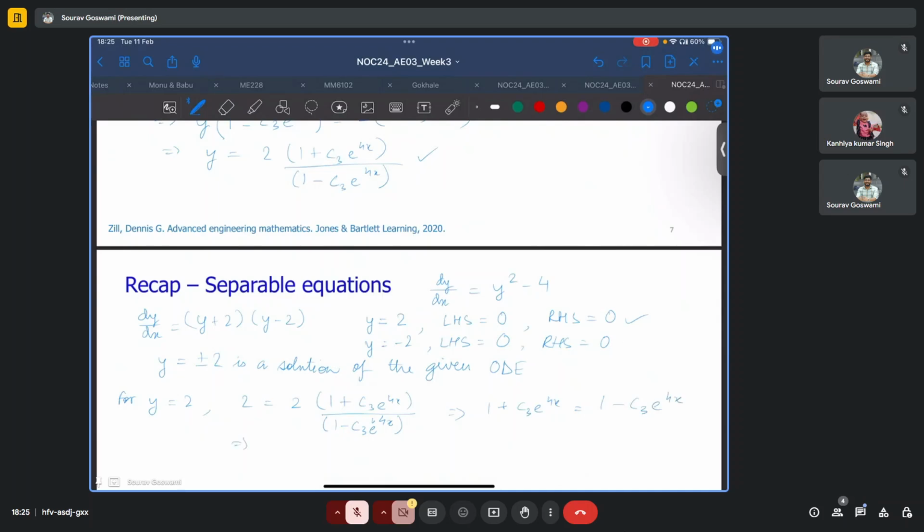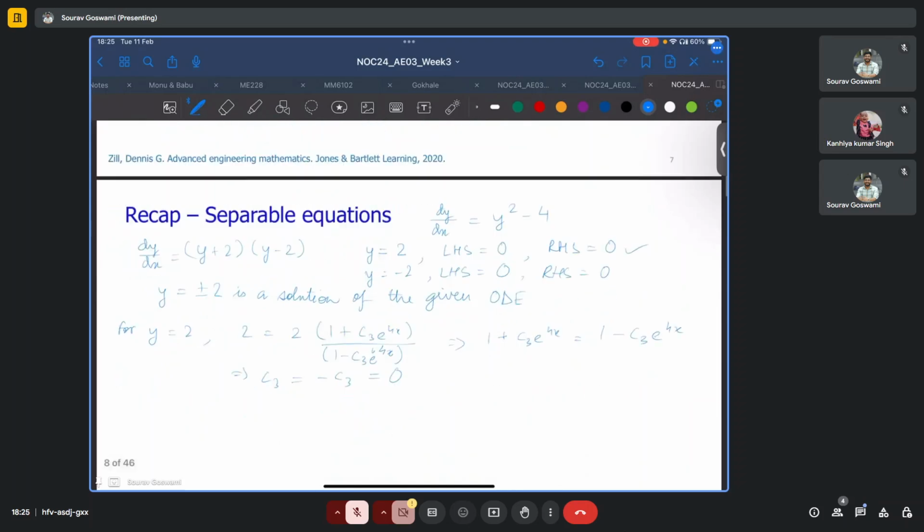It simply means that C3 equals minus C3, which equals 0. So for C3 equal to 0, we can obtain y equal to 2. So by setting our constant term to 0, we can obtain one of the solutions.